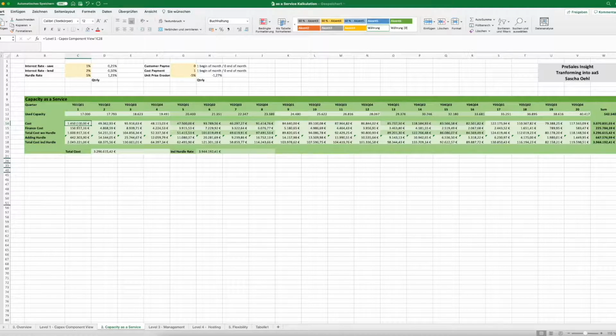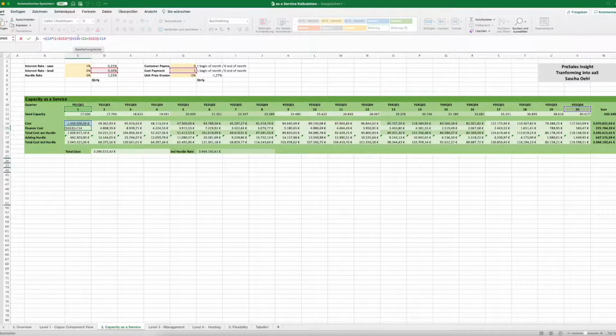Now, with this in mind, we understand that we have to finance our CapEx cost to turn it into an as-a-service. We know that we can lend money for 2%, and this is what we're calculating here. In this calculation, you see, we are checking what's the amount that we need to lend. Then we are putting in the uplift of it, 1 plus 0.5.